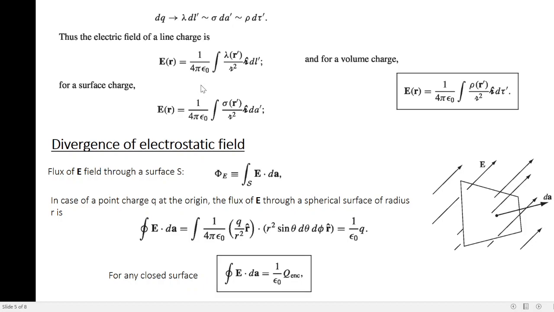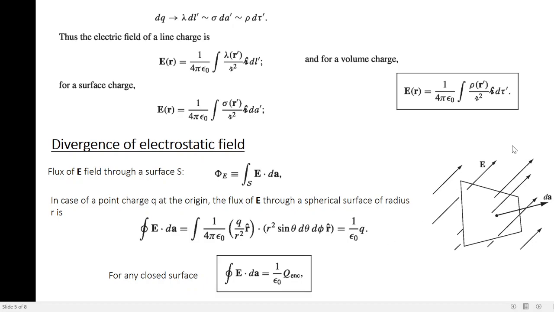Now, having understood that, let's try to understand some of the properties of the electric field. There are two important properties. One is known as divergence, which tells you how much the field diverges from a given reference point, and the second is known as curl, which tells you how much the field curls around a particular reference point.